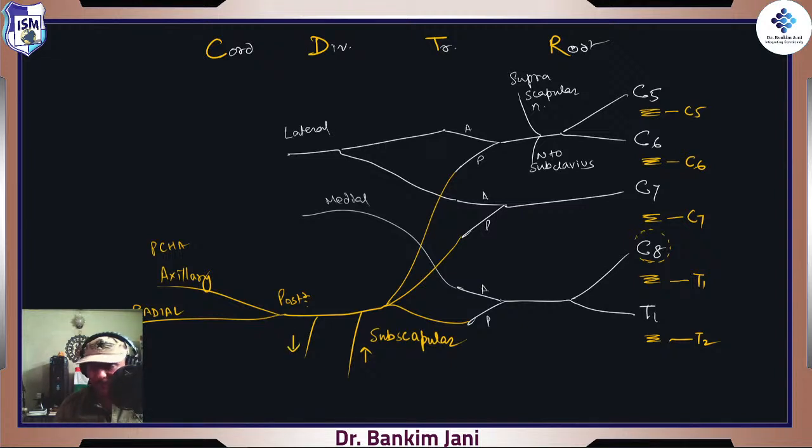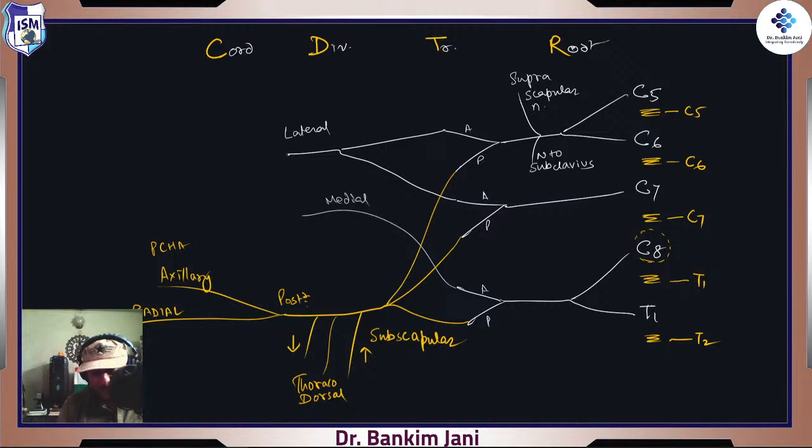This much would be enough, right? It will give you a good clue. And then in between there is thoracodorsal. Done. 90% of it is complete now. Rest is so easy.